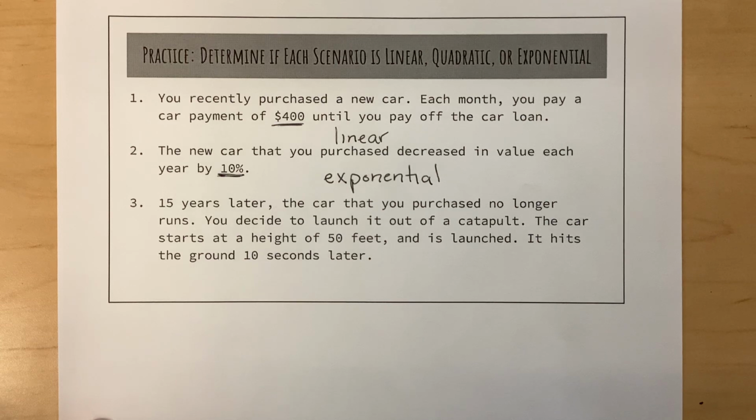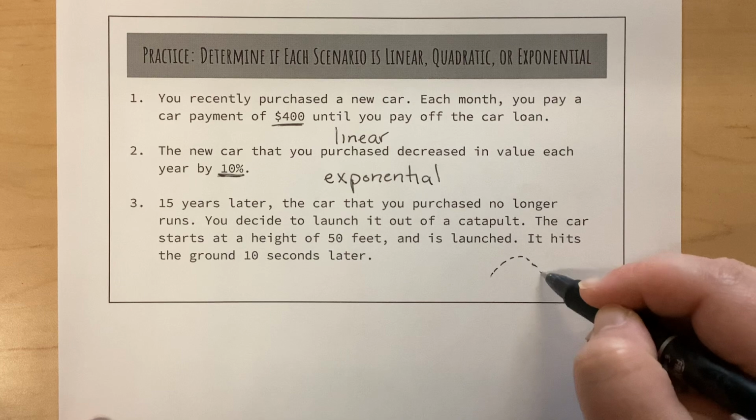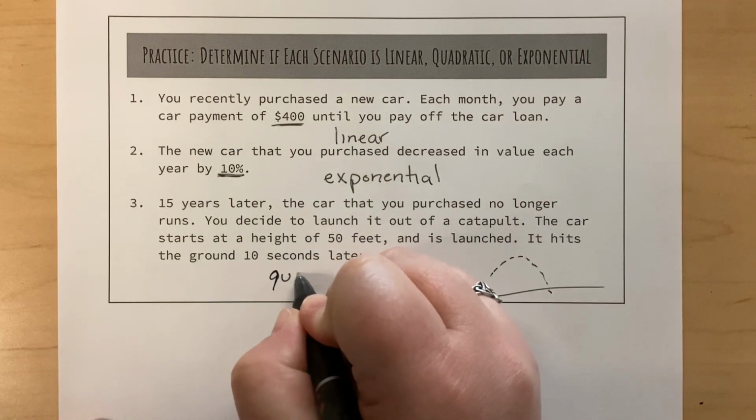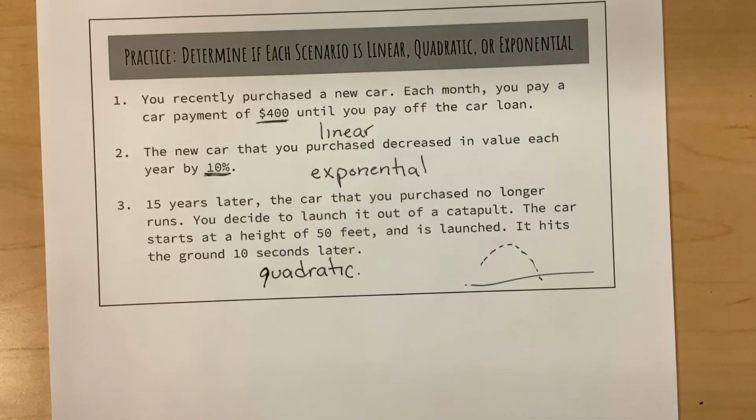You decide to launch it out of a catapult. The car starts at a height of 50 feet and it is launched. It hits the ground 10 seconds later. I mean, if you're launching something, it's going to go up, up, up, and then eventually come back down and hit the ground just like it said, making this one quadratic. And that's it. That's the main difference between linear, exponential, and quadratic.